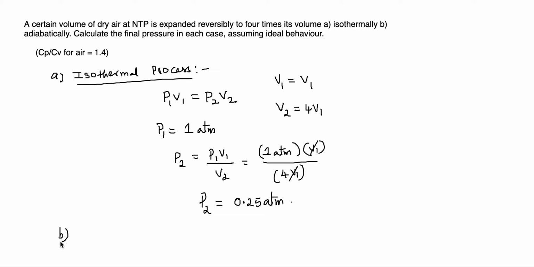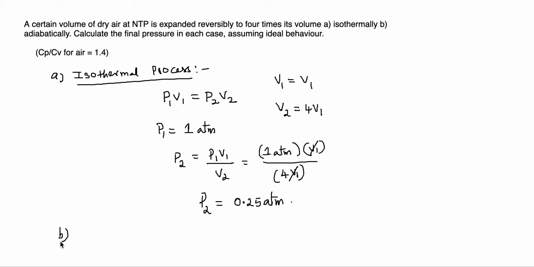In the adiabatic process, we have a relationship between pressure and volume as PV to the power gamma equal to constant, and for temperature and volume, T times V to the power gamma minus 1 equal to constant, and the pressure and temperature relationship is T times P raised to the power of (1 minus gamma) over gamma equal to constant.